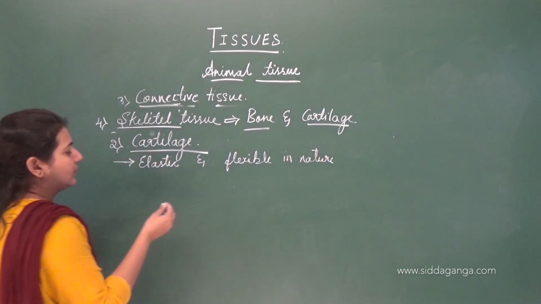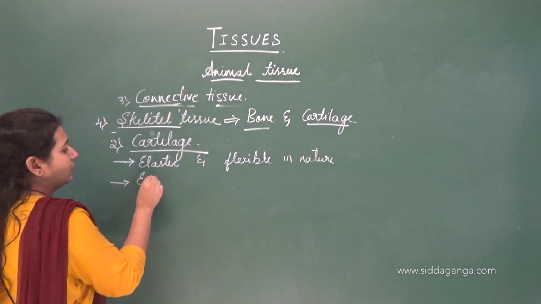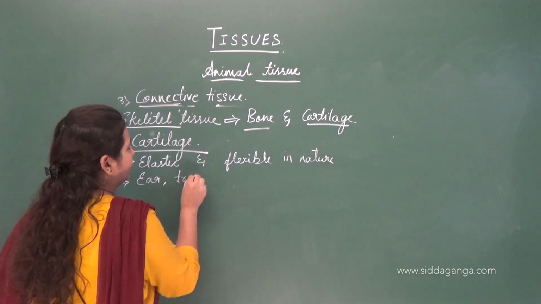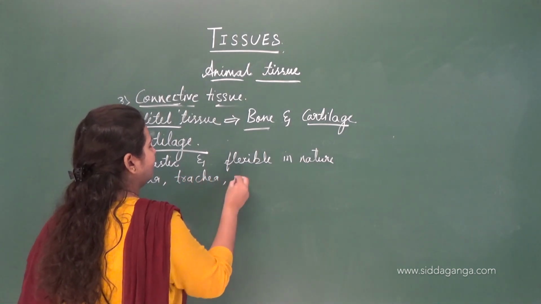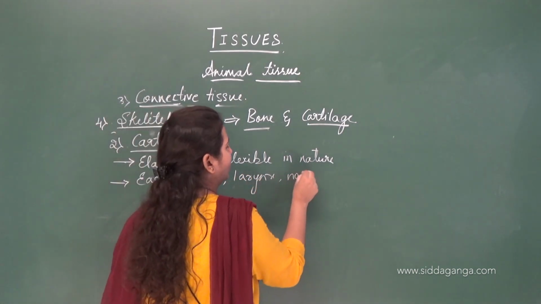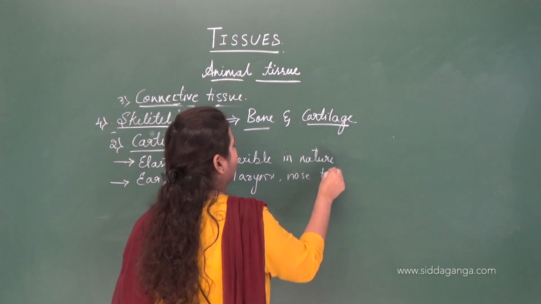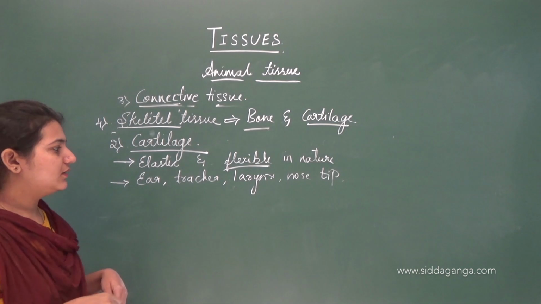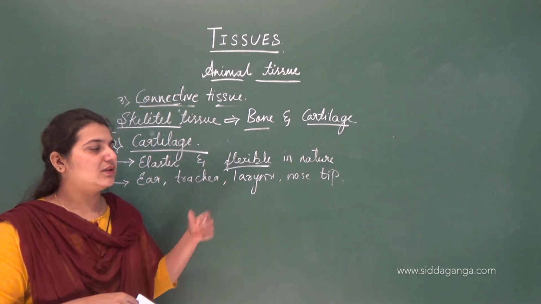They are present in your ear, trachea, larynx and nose tip. These are flexible, you can move this cartilage.